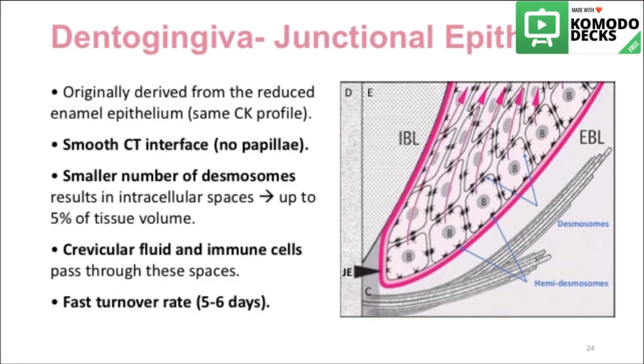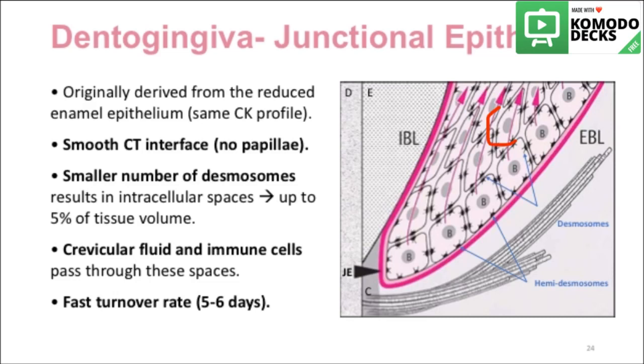The junctional epithelium is a specialized non-keratinized epithelium. Firstly, it has the same cytokeratin profile as the reduced enamel epithelium. Also, it is distinguished by its smooth connective tissue interface, so we don't have any papillae. It has comparatively fewer desmosomes, which makes more space intracellularly, so that the sulcular fluid and the immune cells pass through the cells.